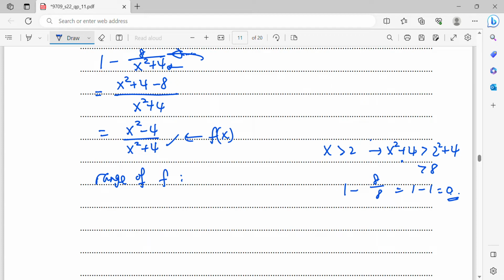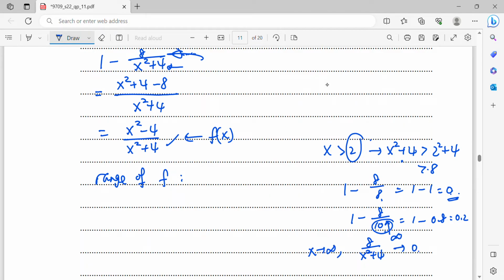But when the denominator is bigger than 8, let's say, for example, 10, this one will be 1 minus 0.8. That means it's 0.2. So it will increase until the denominator is a huge number. When the denominator is a huge number, 8 over infinity becomes 0. So for x a huge number, 8 over x squared plus 4, when your x is infinity, this becomes 0.